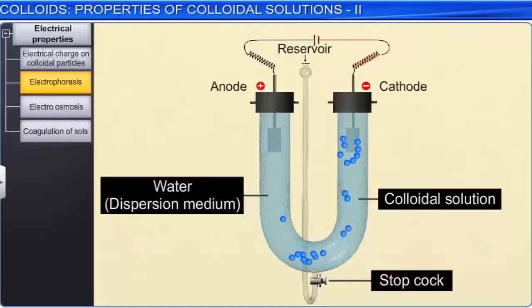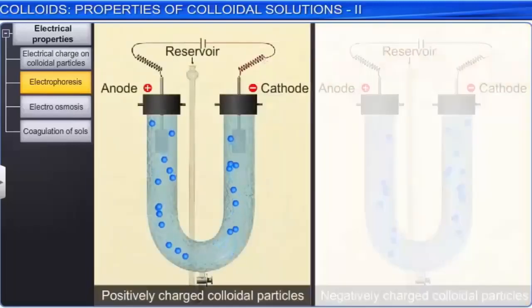This property can also be used to establish the nature of the charge carried by the colloidal particles in a colloidal dispersion. The direction of movement of colloidal particles towards a particular electrode is governed by the nature of the charge on them.